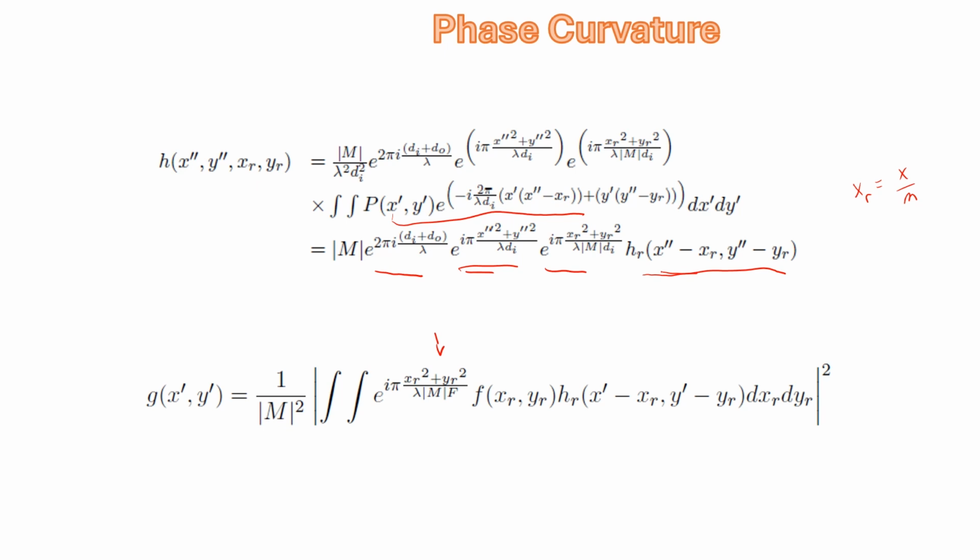We're going to multiply the object field by that quadratic phase and then convolve with the impulse response. Now, what's kind of interesting here is that the impulse response, of course, is a low-pass filter. We've seen that the bandpass of the system is limited by the pupil size.